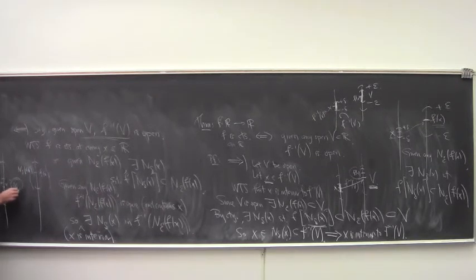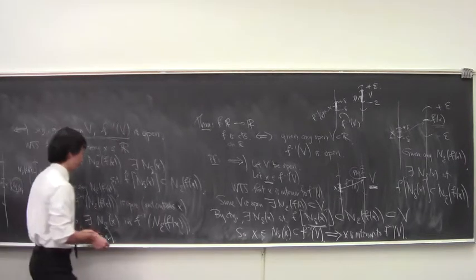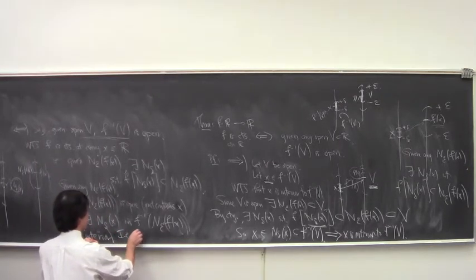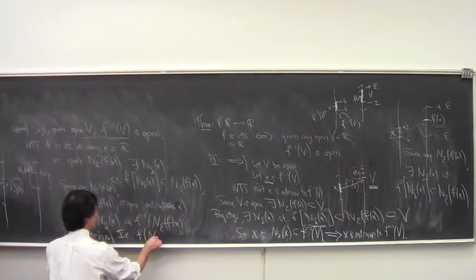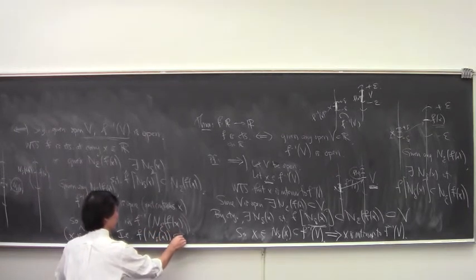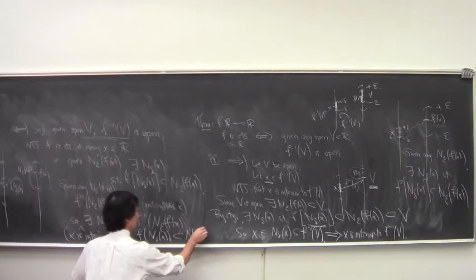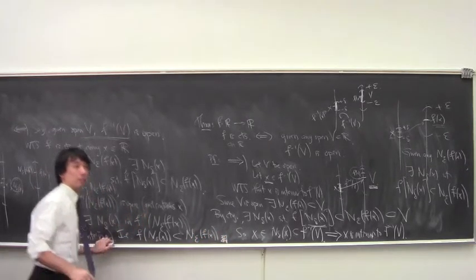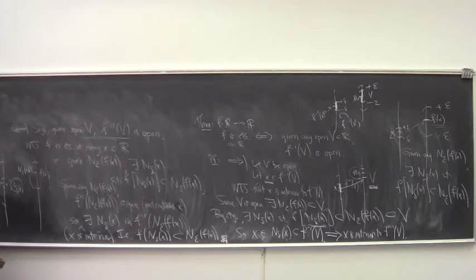In other words, this neighborhood here gets mapped inside there. That's continuity. In other words, f of N delta of x is contained in the epsilon neighborhood of f of x. So that's continuity. We found the delta neighborhood that gets mapped into the epsilon neighborhood.